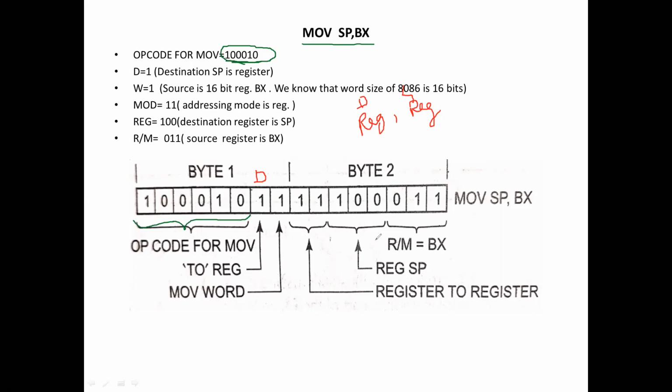If there is one register and one memory content, either in source or destination, then we always write this bit according to the register only. But for example, SP comma BX was there like this, means here we need to take the effective address from the BX register. In that case we need to write with this register only.